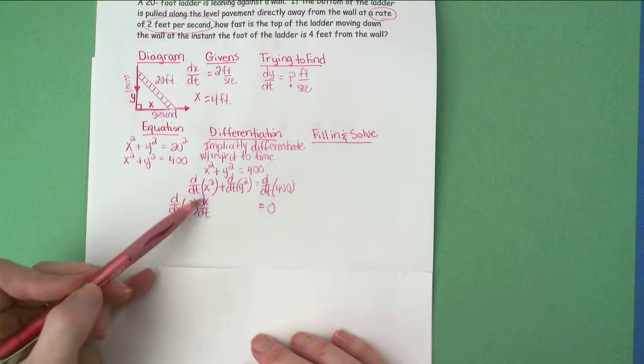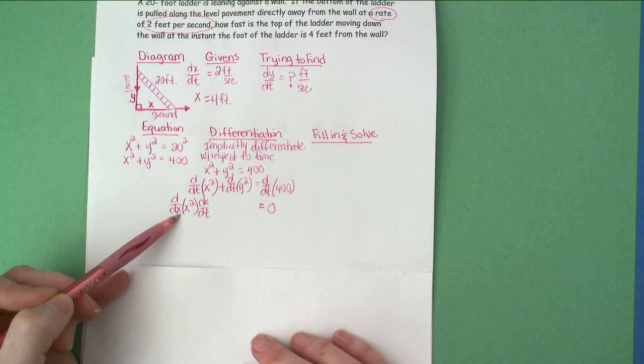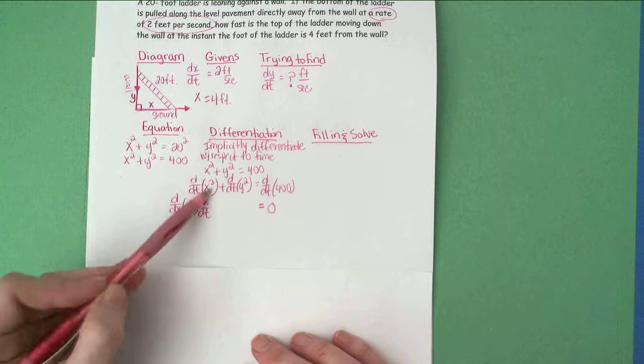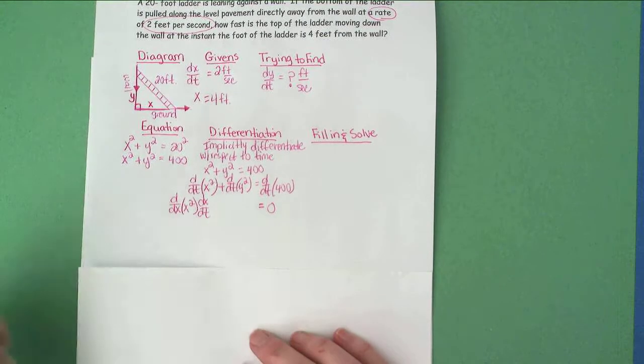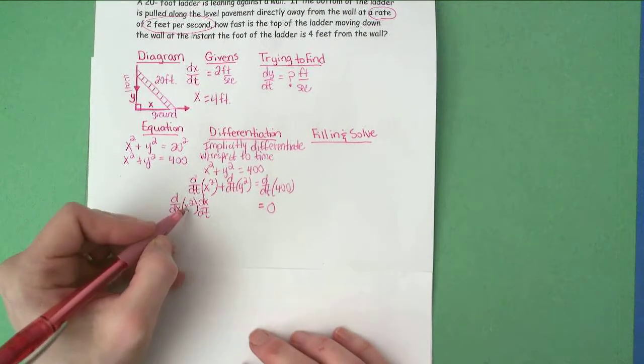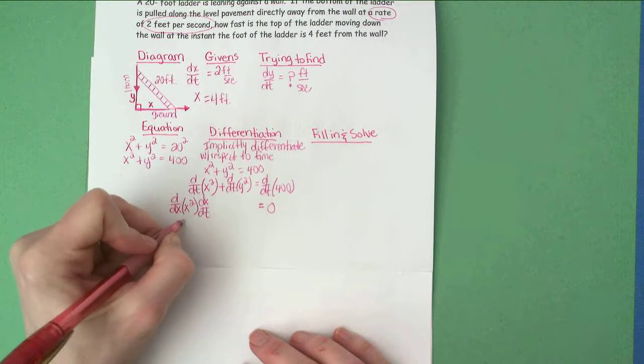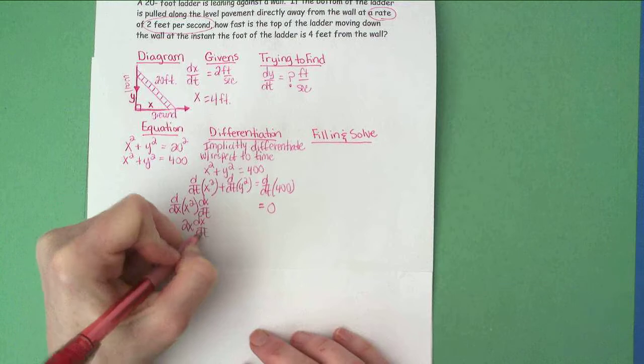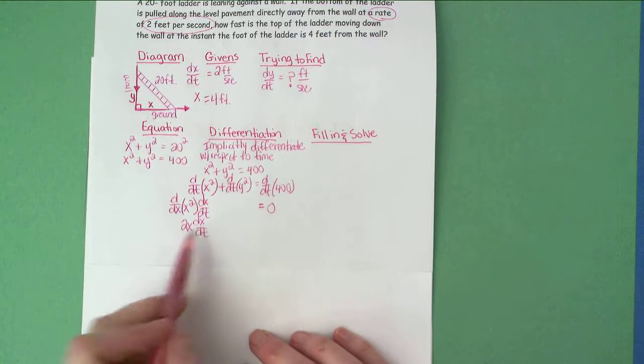If you cancel out these dx's, you're left with d over dt of x squared. So what ends up happening here, the derivative of x squared with respect to x is 2x, tack on dx dt. So I'm going to actually let you do that moving forward.